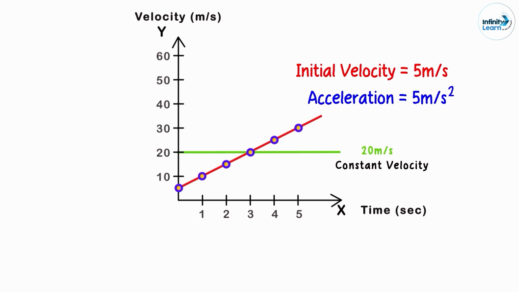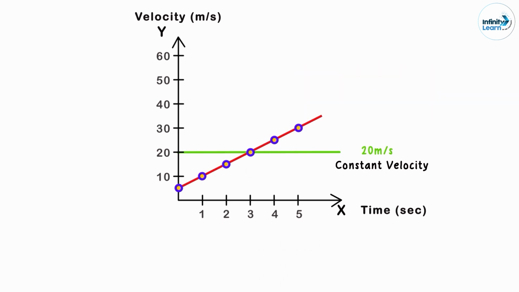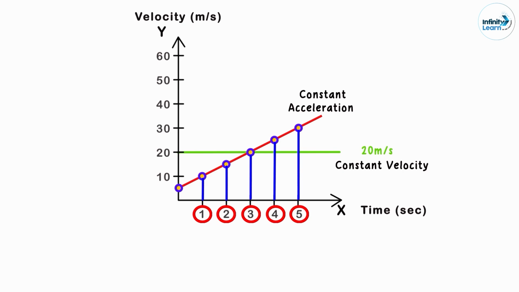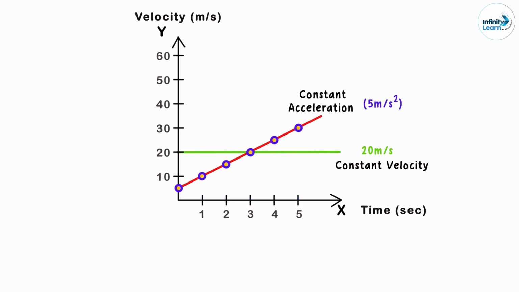What does that line imply? It implies constant acceleration. Constant at 5 meters per second every second, or you can say 5 meters per second squared. Was the acceleration constant in the previous case? How can we explain the straight line in the previous case? Think about it.